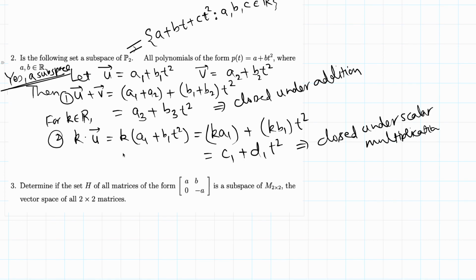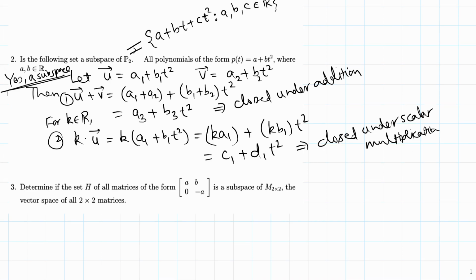Okay, now the last question here. Determine if the set H of the matrices of this form is a subspace of M22. M22 is the vector space of all 2 by 2 matrices.